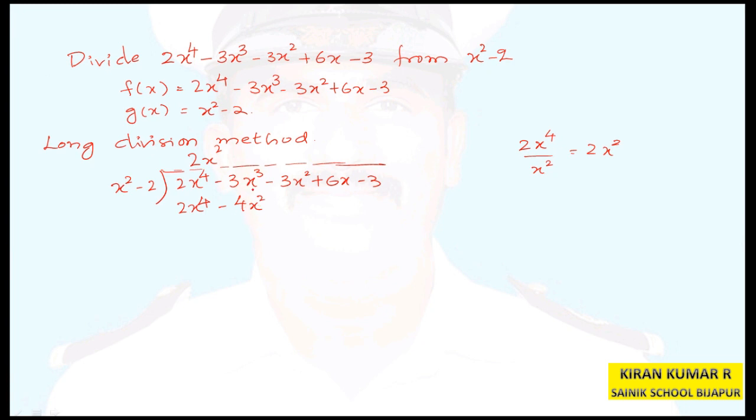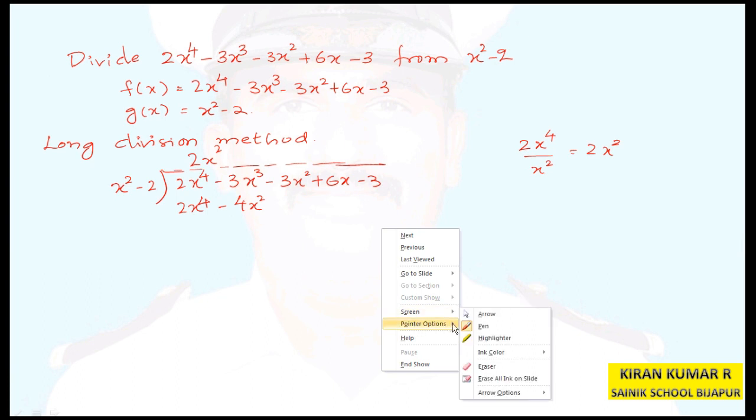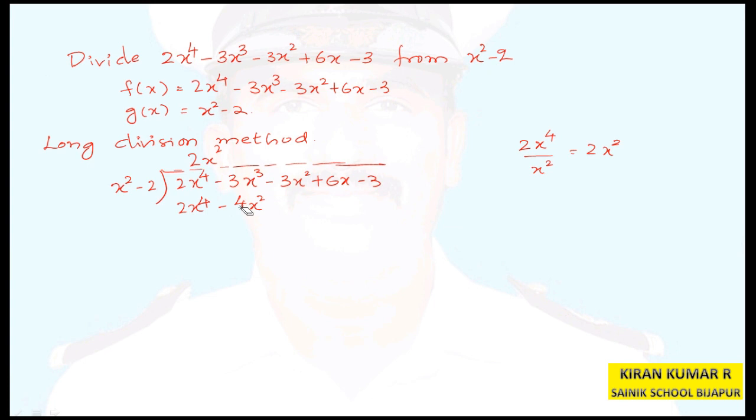Here there is a cube term. Here I am having a square term. So it is always better not to write that square term there. So let me erase that part.